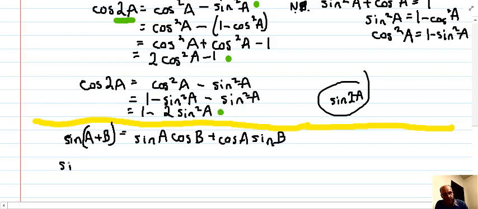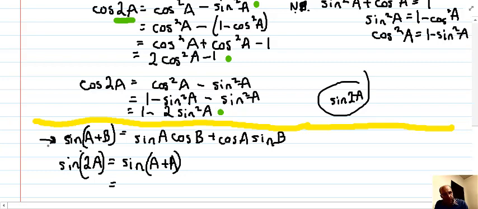So sine 2a equals sine of a plus a, where we substitute a in for b. So we're just going back to that first line, and that'll be sine a cos a plus cos a sine a.